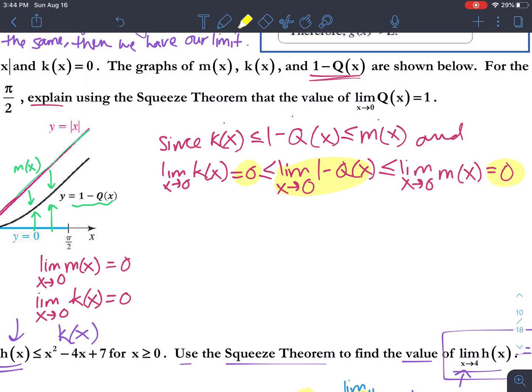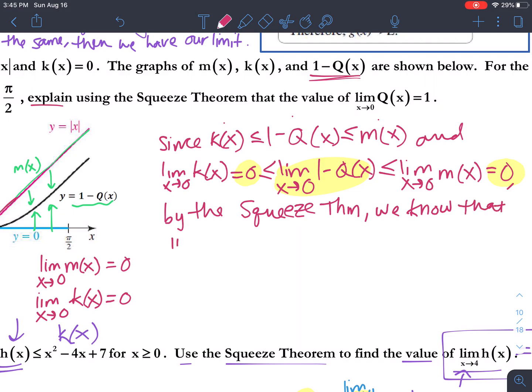Again, think back to when Mike and Jordan both scored 15 points. Stan also had to score 15. So in this case, if something's between 0 and 0, it must also be 0. So by the squeeze theorem, we know that that middle function, or 1 minus q of x, is equal to 0.